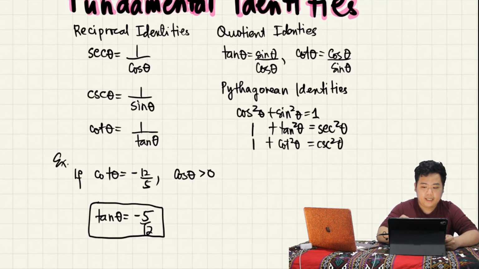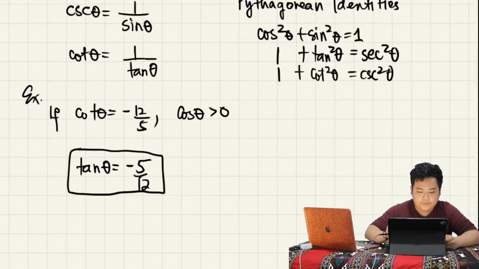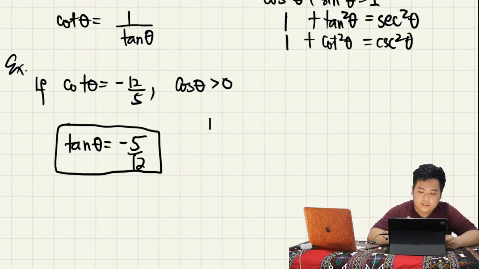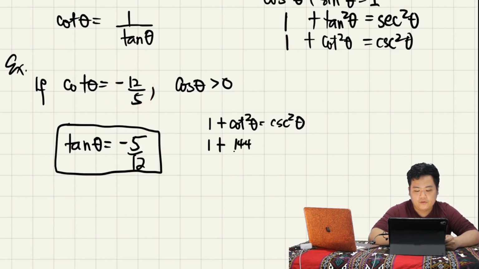Okay, so libre yon. So, meron pa tayong apat na hinahanap. Okay? So, binigyan ka ng cotangent, you can use this equation to find cosecant square. Okay, we know that 1 plus cotangent square theta equal to cosecant square theta. Cotangent square is, square this, 144 over 25. Tapos ano na ito?